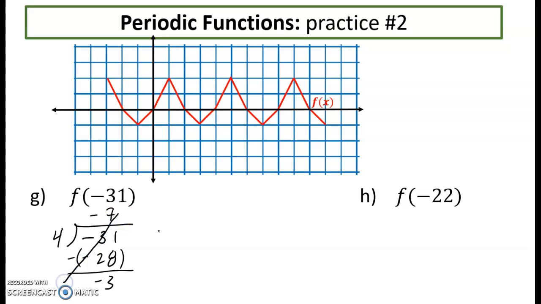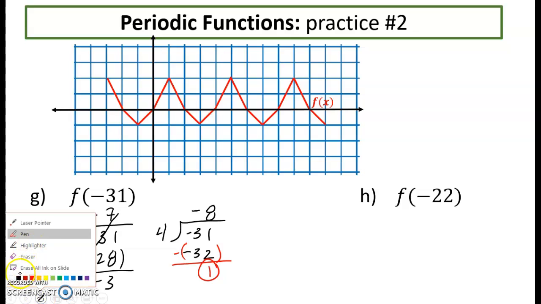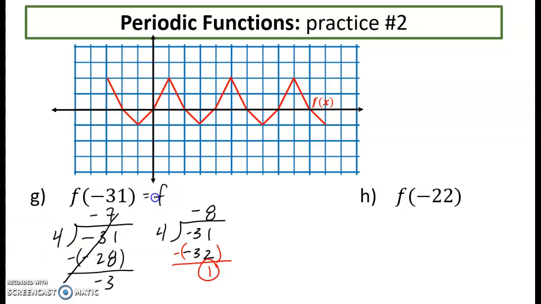So when you divide, you have to make sure that whatever the product is actually smaller than the dividend. -8 times 4 is -32. When I subtract that, it actually becomes -31 plus 32, so that gives me a remainder of 1. So this will equal f of 1. From my graph, f of 1 is equal to 2, so that would be my final answer.